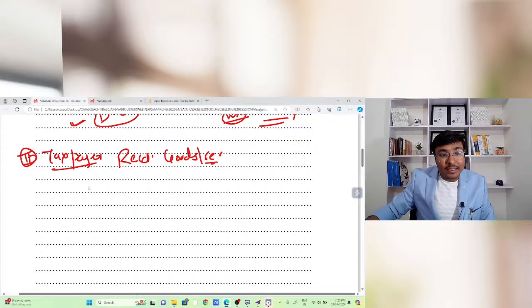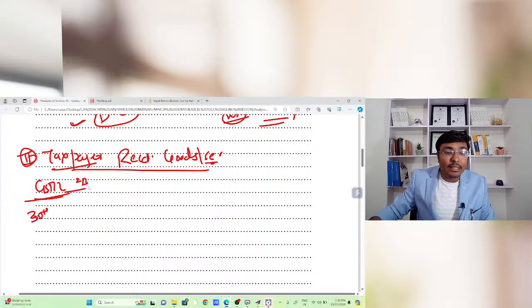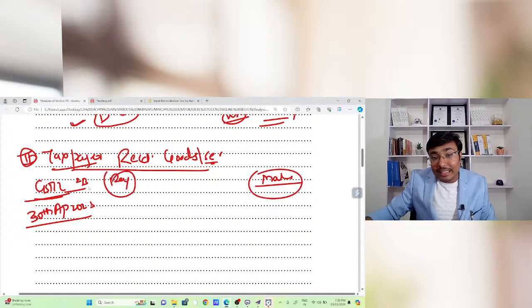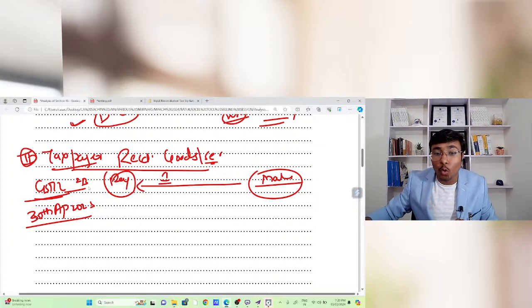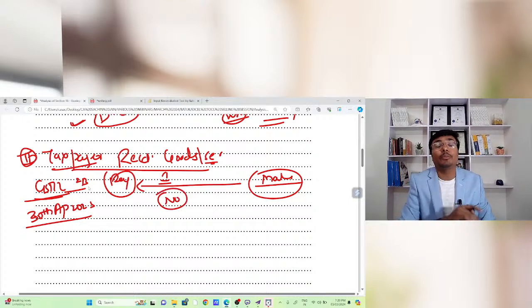Suppose there is a specific entry in the GSTR 2B, dated 30th of April 2023, and these goods are supplied from Maharashtra, and your client is in Rajasthan. In that case, is it possible to receive those goods within one day from Maharashtra to Rajasthan? Big no. This is not possible.